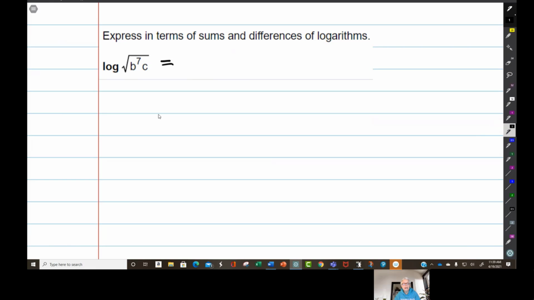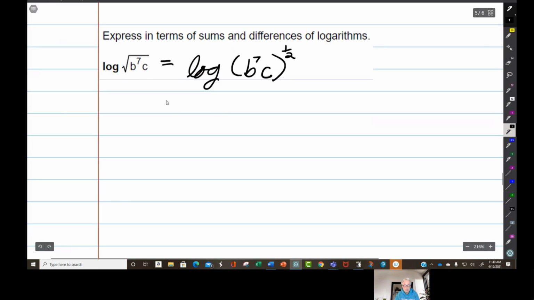So they want you to expand this. Log of b to the 7th times c to the 1/2 power, which is 1/2 times log of b to the 7th times c.